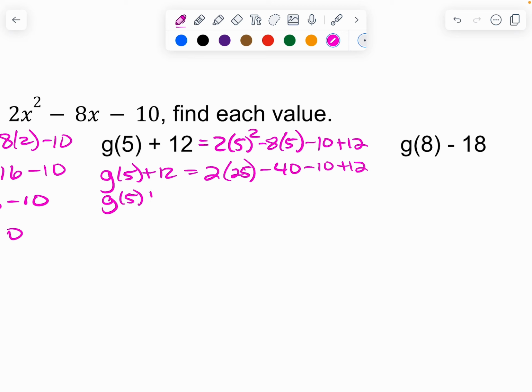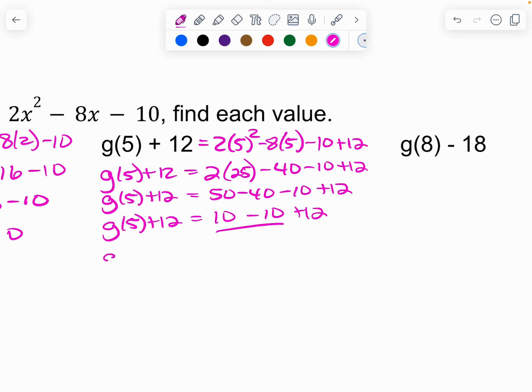G of 5 plus 12 equals 50 minus 40 minus 10 plus 12. Minus 10 plus 12. Hopefully you can see that that cancels out. And we get 12.